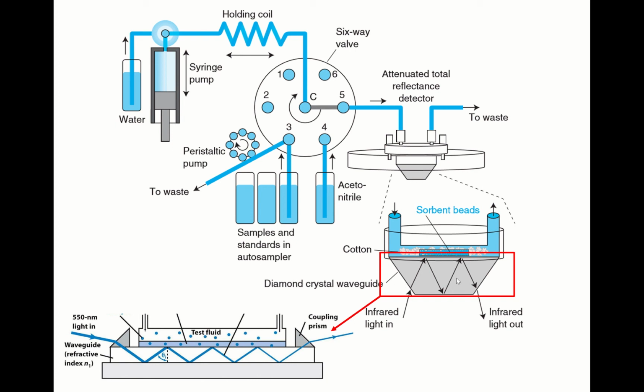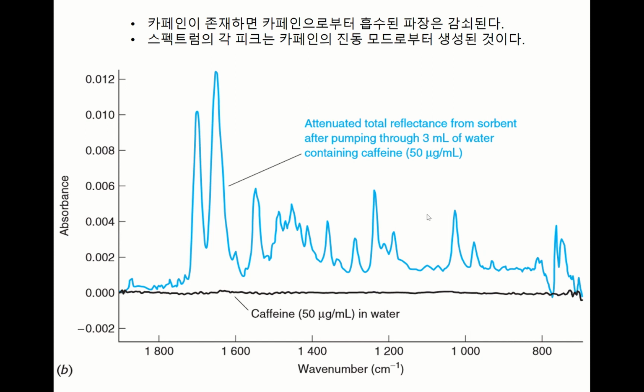This type of configuration is very widely applied to the Fourier transform infrared spectrophotometer. This way, caffeine has been detected.